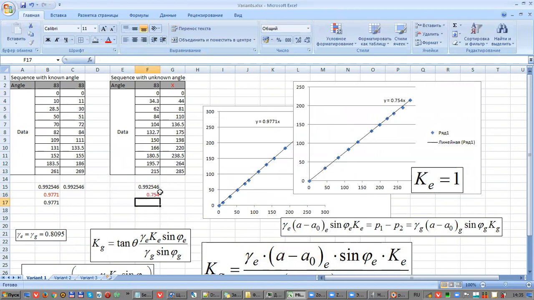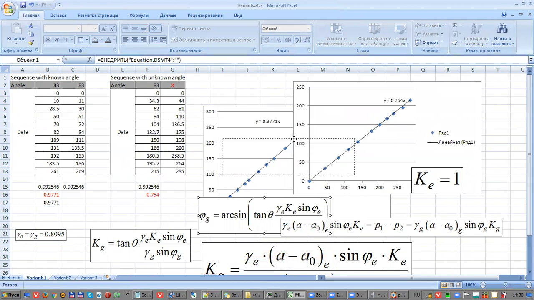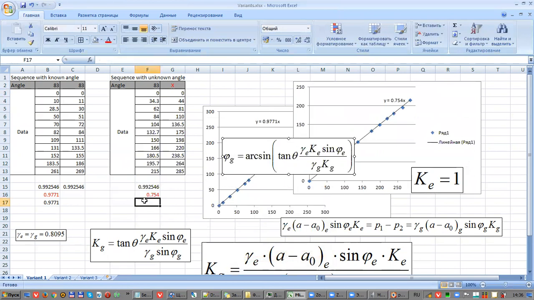Yeah, and for the angle, I just need to put in this table this formula. Convert from radians to degrees. Just apply the arcsine function and put this tangent multiplied by sine and divided by these coefficients.